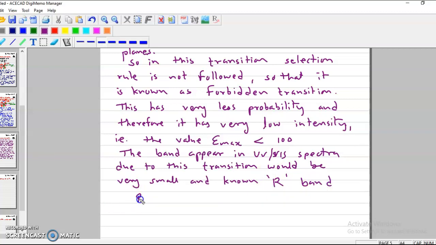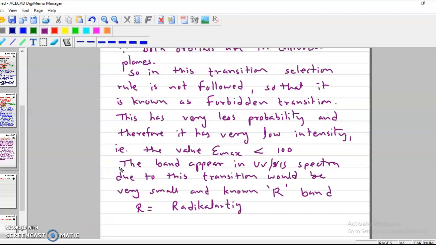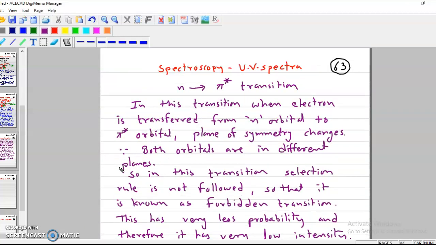R is again a German word, standing for radikalartig, radical. So we have the K band for pi to pi star transition and the R band for n to pi star transition.